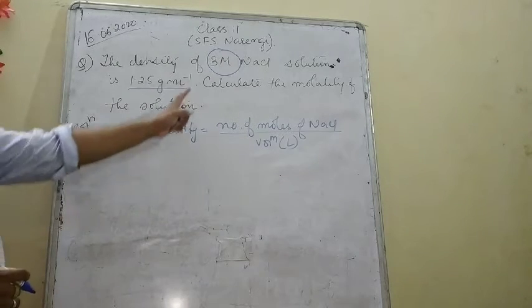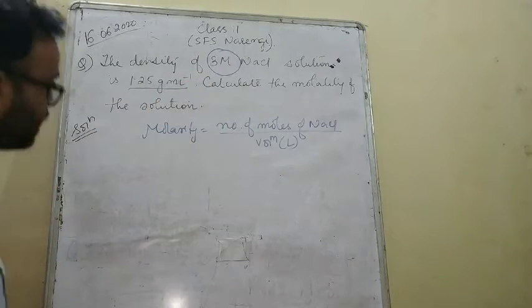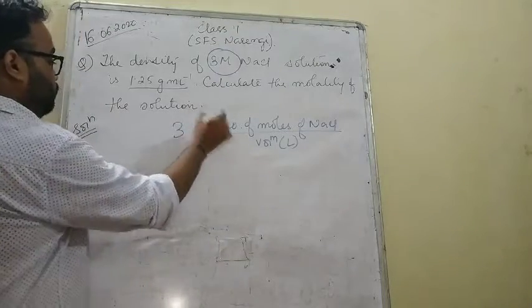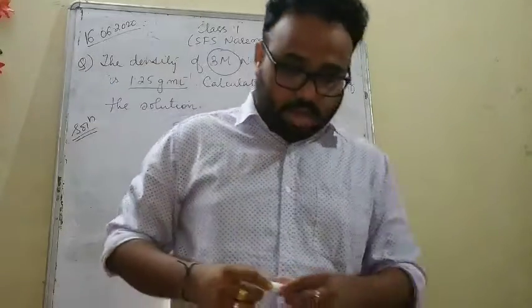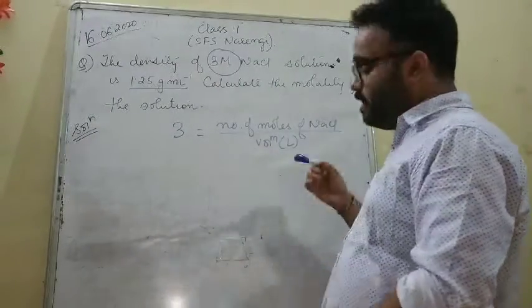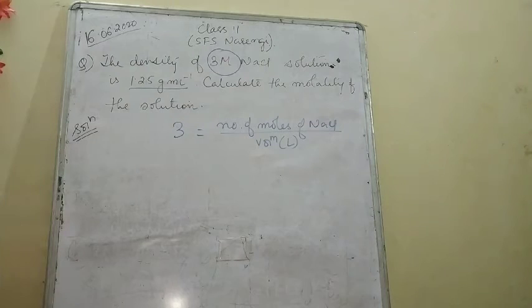And molarity is given as 3. So I can rub this and write here 3 equals number of moles of NaCl divided by volume of solution in liter.